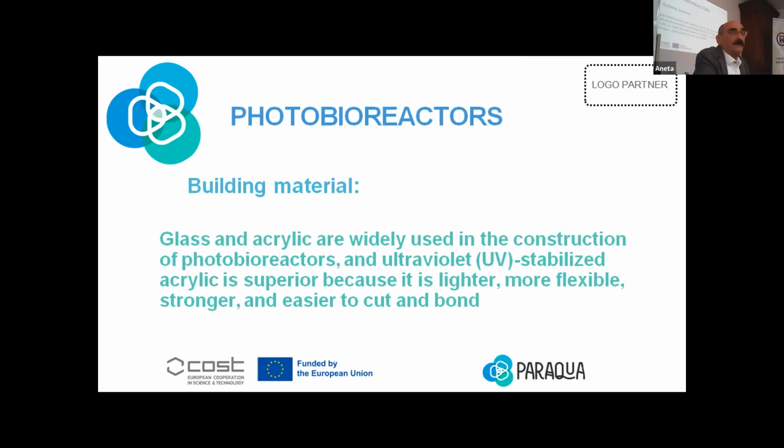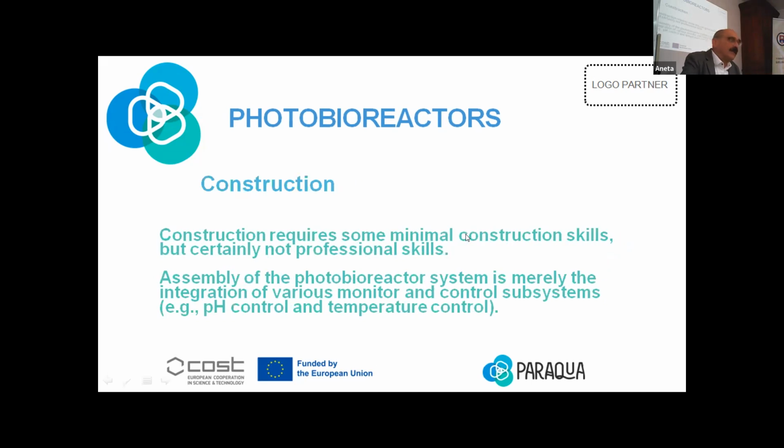Building material, you can use glass, acrylic, and they say that UV stabilized acrylic is superior because it's lighter, more flexible, stronger. It's easier to bond, easier to use, and cheaper than some kind of inox or some different material.